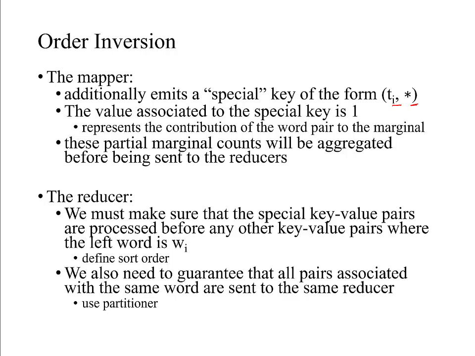When we have multiple documents, we can aggregate the counts of the DF across different documents for the same term. All right. So for the reducer, we must make sure the special key value pairs are processed before any other key value pairs.